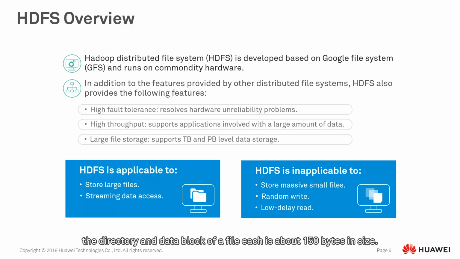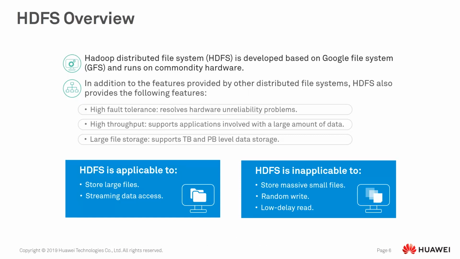The directory and data block of a file each is about 150 bytes in size. If there are 1,000,000 files with each occupying a data block, at least 300 MB memory is required. If there are 1 billion files, the required memory will be huge.